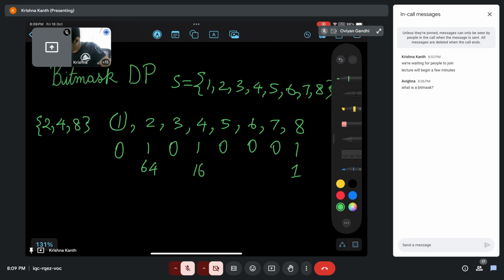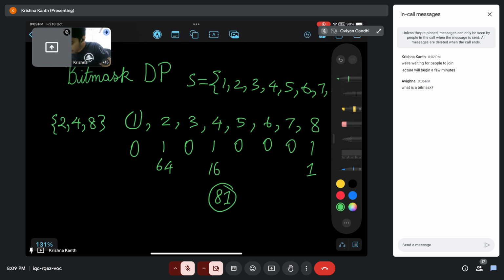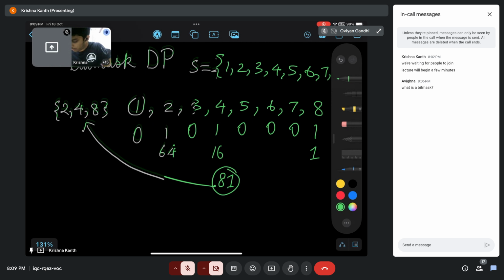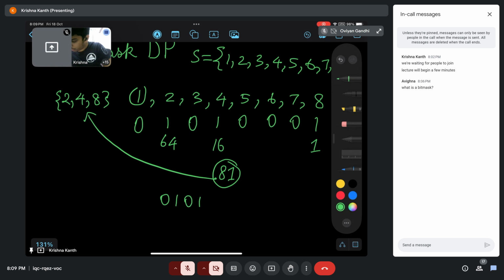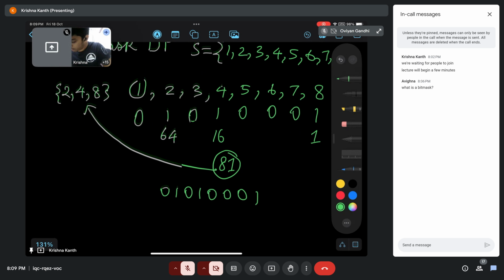Yeah, 81. So basically 81 represents this subset, because the binary representation of 81 is 0, 1, 0, 1, 0, 0, 0, 1.